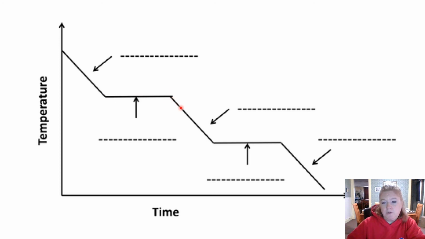The liquid is cooling, kinetic energy is decreasing, potential is staying the same. Right here, this was all liquid, now the liquid is changing to a solid. The kinetic energy is constant, the potential is decreasing. This is freezing. Now all solid at this point. The potential is staying the same, the kinetic is decreasing. The solid is cooling.